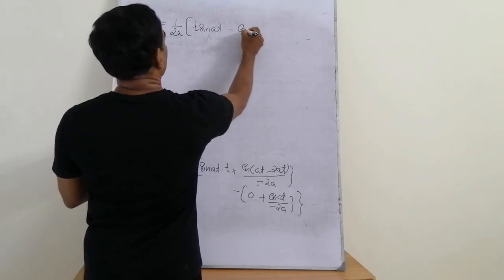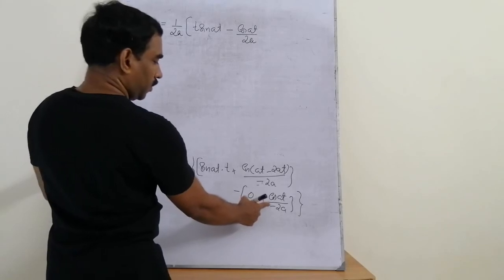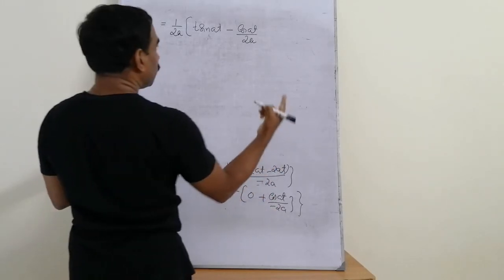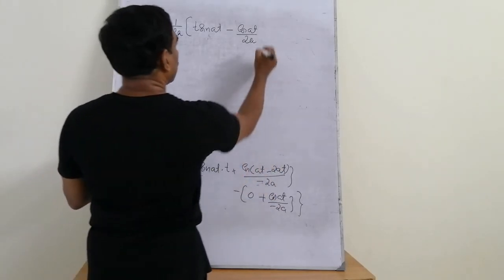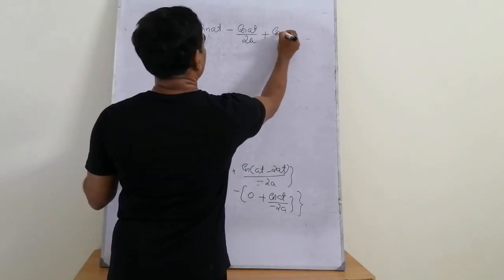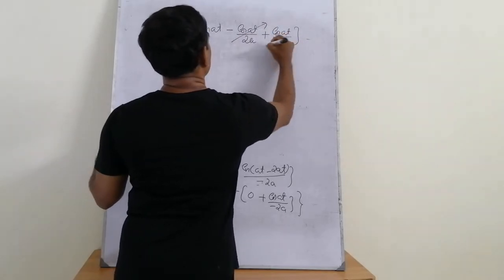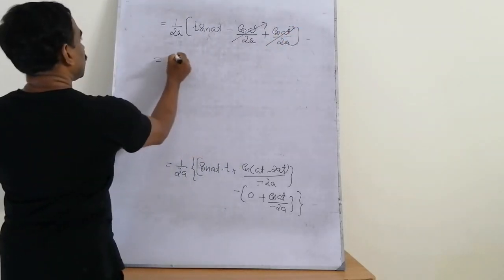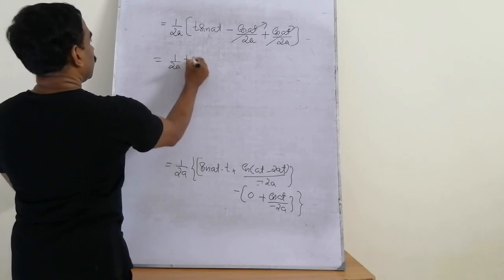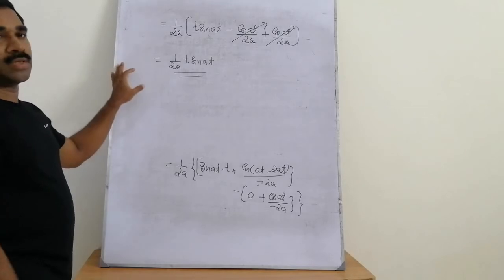So this is minus cos a t divided by 2a minus cos, that is minus minus, that is plus cos a t divided by 2a. So cancelling these two expressions, we get the answer as 1 by 2a into t sin a t. So this is the required inverse Laplace transform.